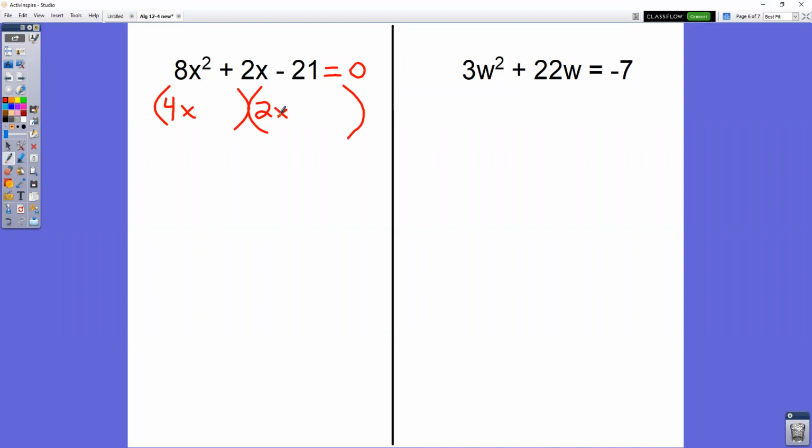What times what is negative 21 that adds up to 2? You'd have to try a bunch of things. What it ends up being is a plus 7 and a minus 3. Again, draw your line down the middle, set both sides equal to 0, and solve.